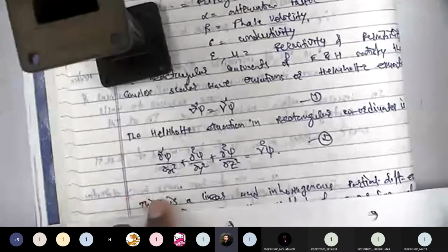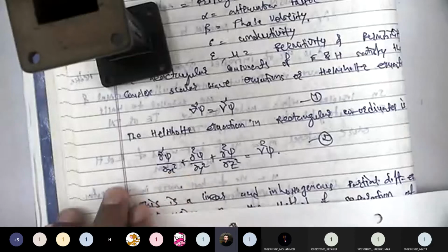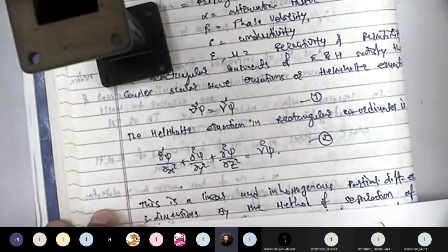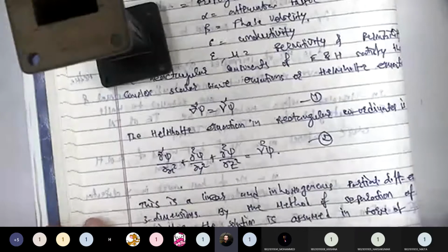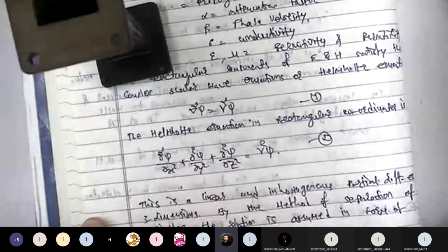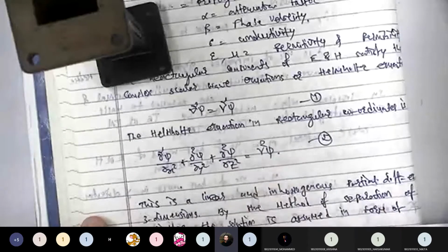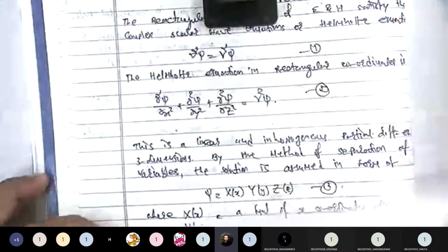Now, because this equation is a linear homogeneous partial differential equation, if we assume that each of the three variables x, y, and z are independent, then the solution of this equation will become like this.